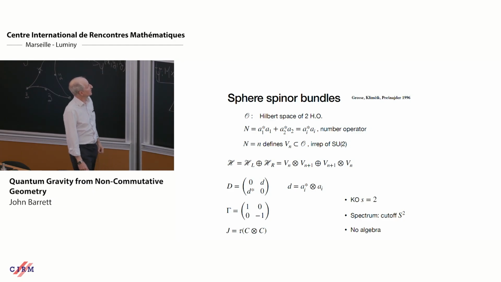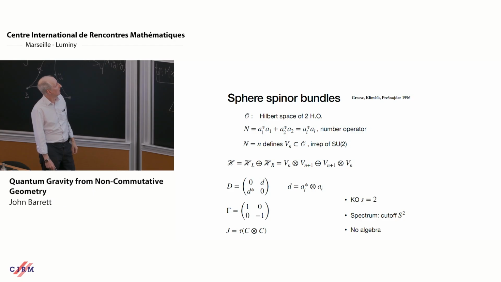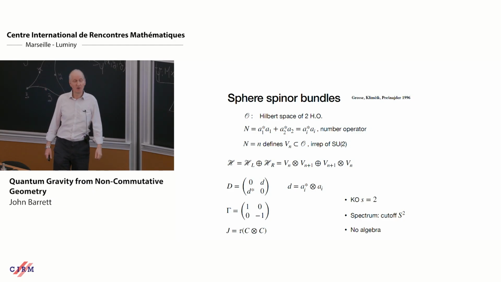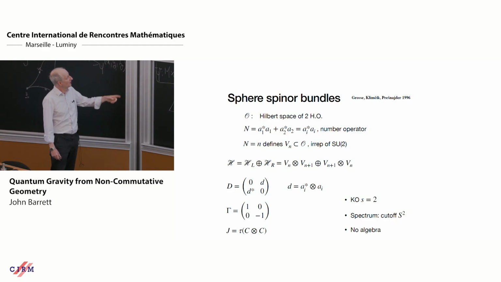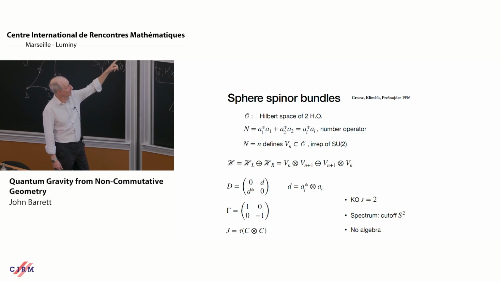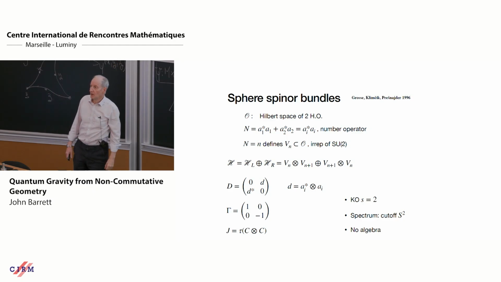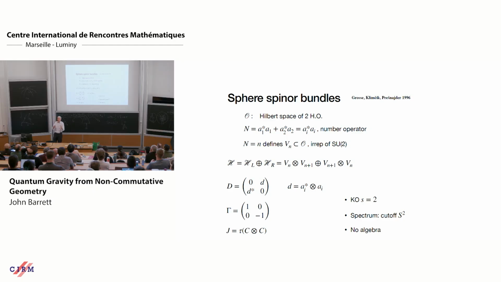Now the Hilbert space for this attempted spectral triple has got a left-handed part and a right-handed part, and the left-handed part is Vn tensor Vn plus 1, and the right-handed part is Vn plus 1 tensor Vn. So they're almost square matrices, but not quite. They're slightly rectangular matrices because one is n and the other is n plus 1.